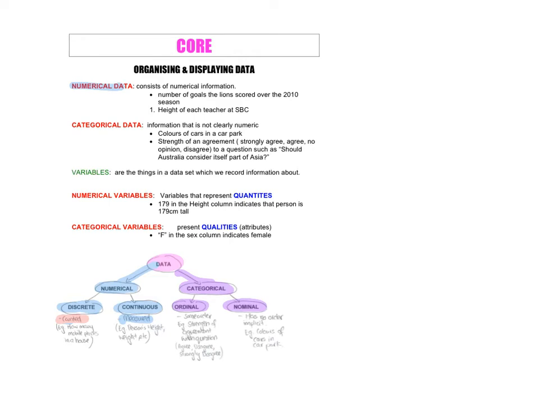If I counted how many pets everyone had, it's a number, not an in-between number. If I measure my height, I might be 157.5 centimetres. I can have an in-between number that can be measured. So if you measure it, it's continuous. If you counted it, it's probably discrete.